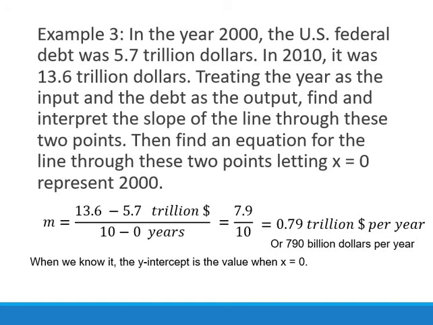Well, the y-intercept by definition is the value when x equals 0, and in this case x equals 0 is the year 2000, and that value is 5.7 trillion. So using those units, the equation of my line is y equals mx plus b, 0.79x plus 5.7, where x is the number of years since 2000, and my output is in trillion dollars.